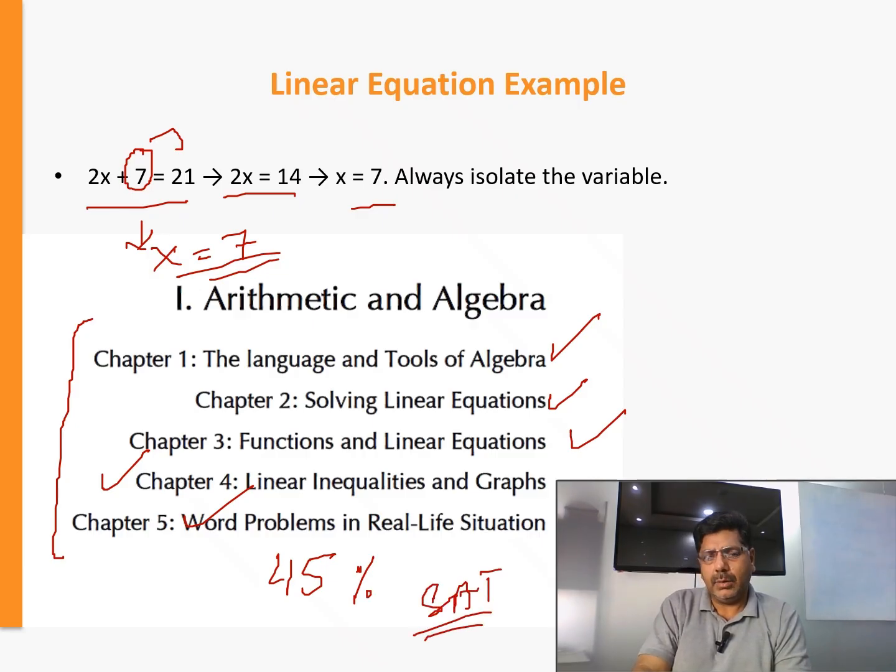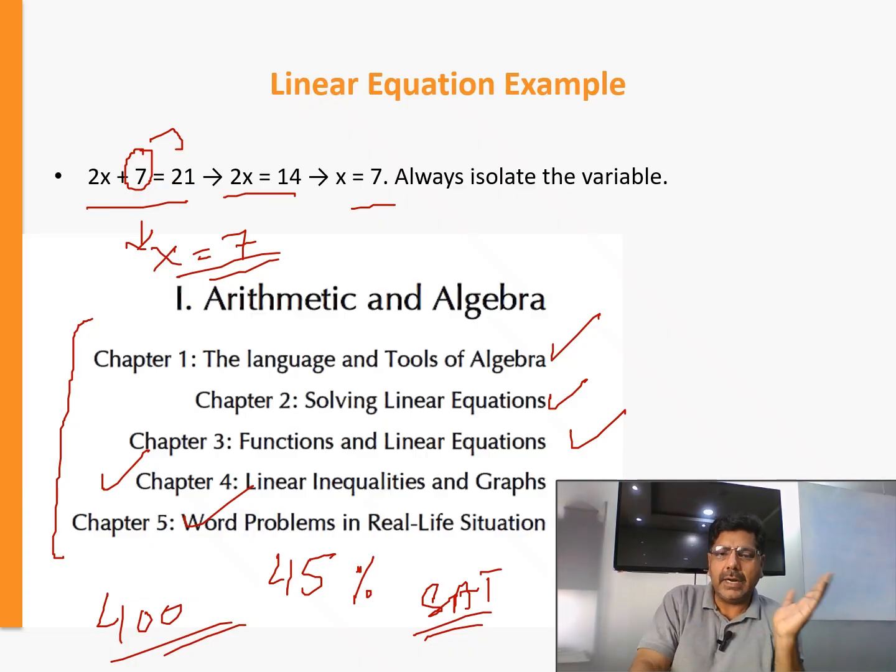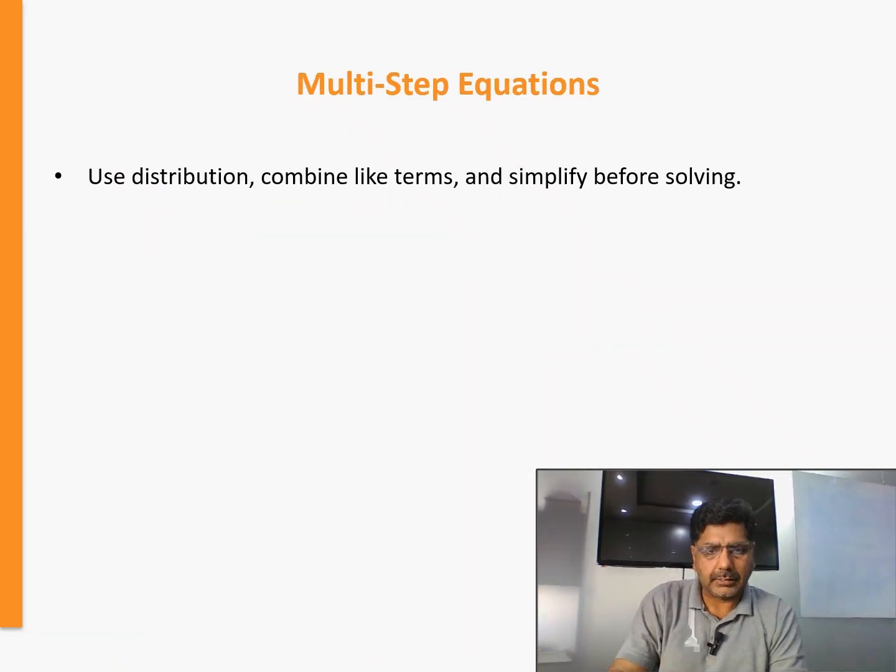And if you do it efficiently, you can easily get a little less than 50% of the marks, like 400. 400 means starting from 200, so you can get more than 400.